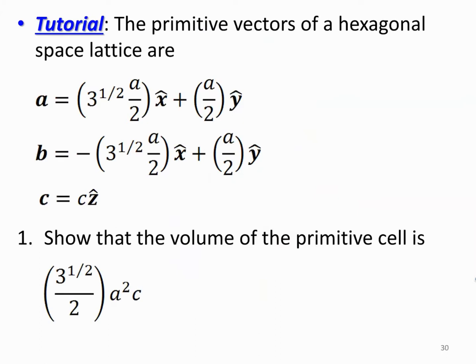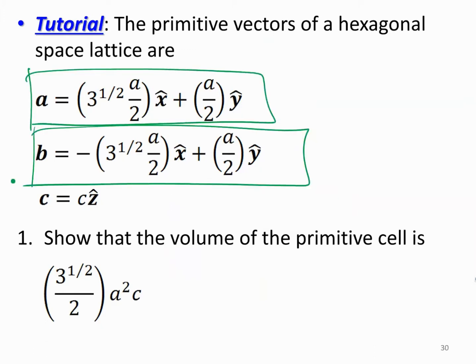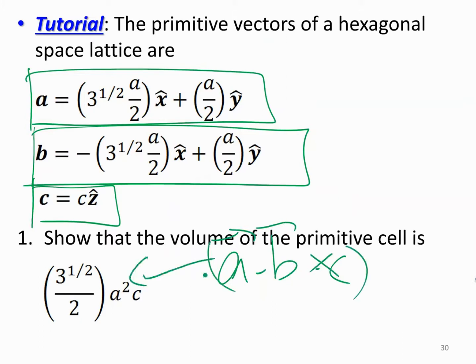Okay, so this is the tutorial. I want you to try on it. The primitive vectors of the hexagonal space lattice are given as A equal to this one, the real lattice B equal to this one, and the real lattice C equal to this one. Now I want you to show that the volume A dot B cross C equals this one.